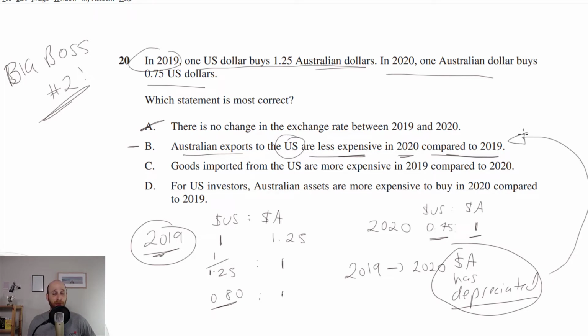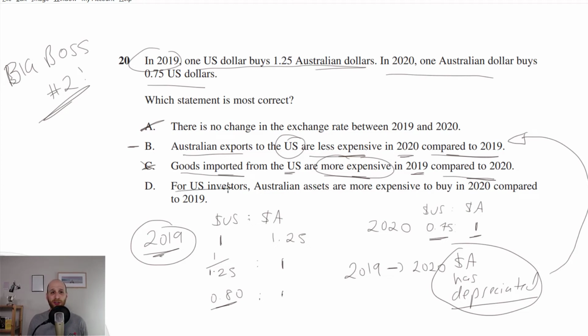So that's possible. Goods imported from the US are more expensive in 2019 compared to 2020. Imports are actually more expensive in 2020 because the Australian dollar has depreciated. So in 2019, they're actually cheaper. So C is not possible.